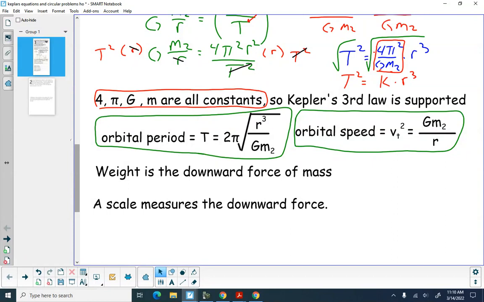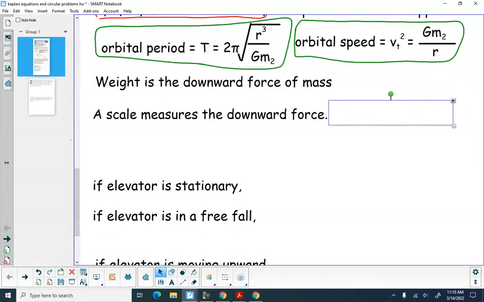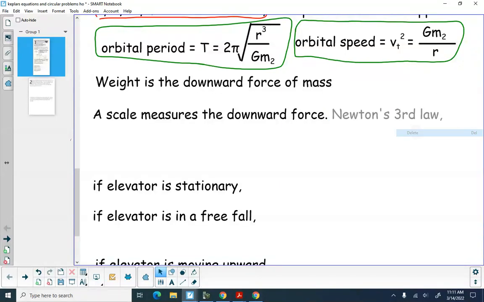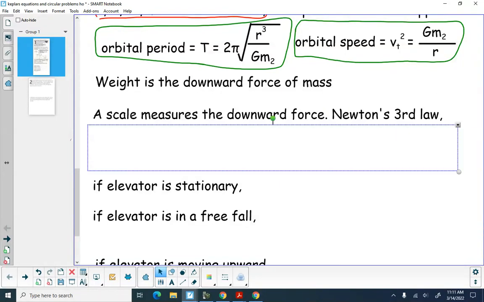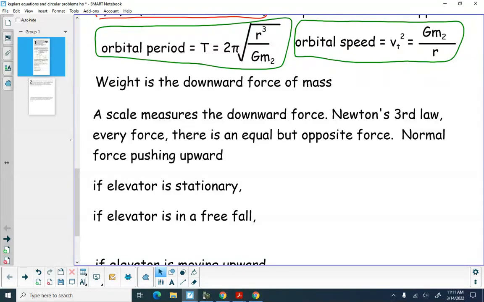But what we want to talk about once again is if you step on a scale, it measures how much force you're pushing downwards on it. That's what the little dial or the little digit reads. So when you have this downward force, you have Newton's third law.